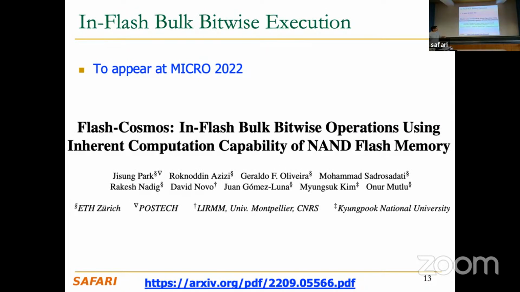Flash Cosmos is, let's say, Ambit for NAND flash memory. As you may remember, this is very recent work, just started, but probably something that can still have a long run.